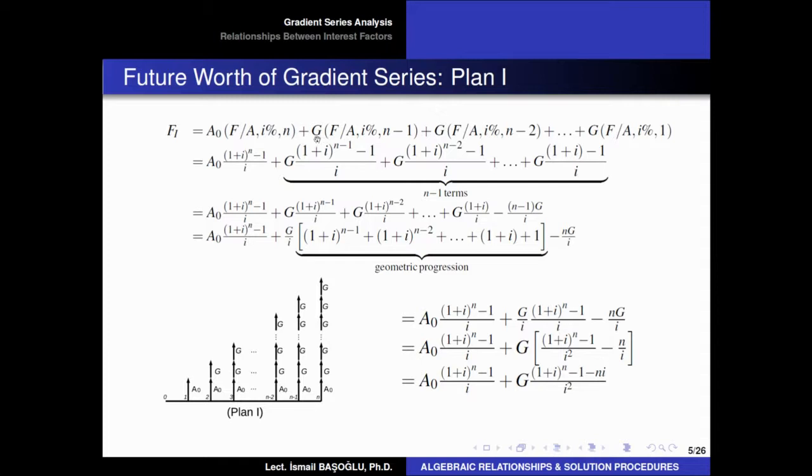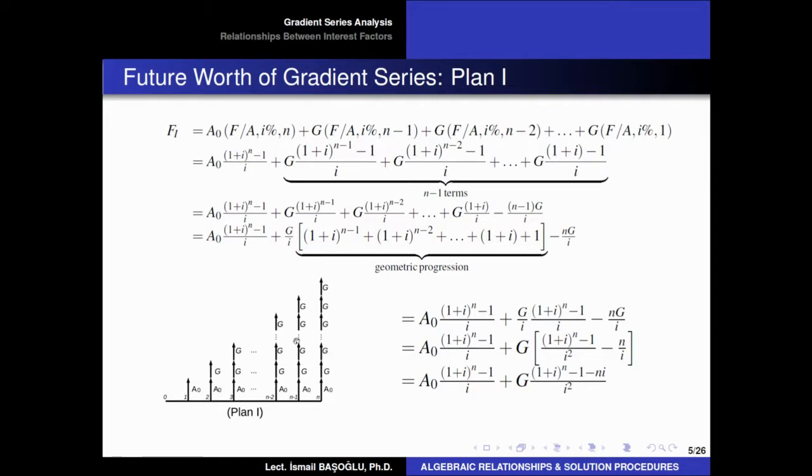And you see, we are multiplying the second step's uniform payment size G with again the uniform series compound amount factor under i% interest rate for n-1 years, not n years this time. So we can calculate the future value of the second step in this stair-shaped cash flow diagram.